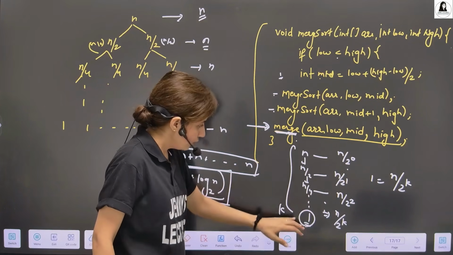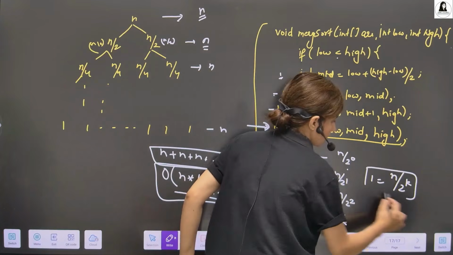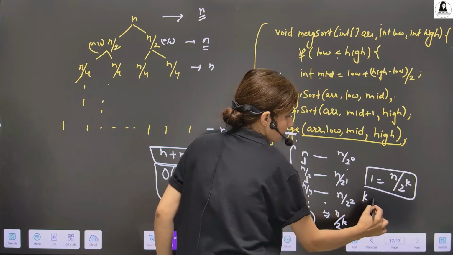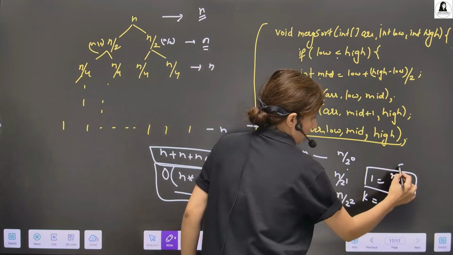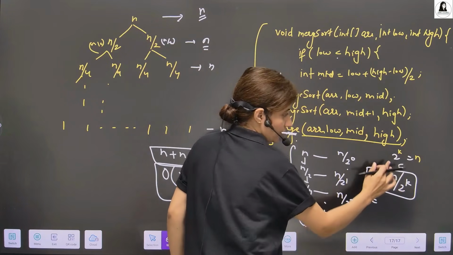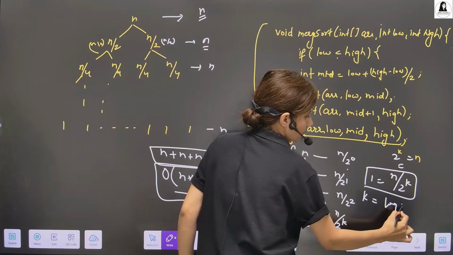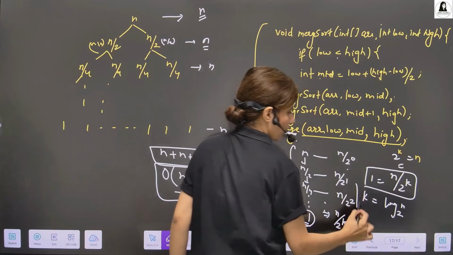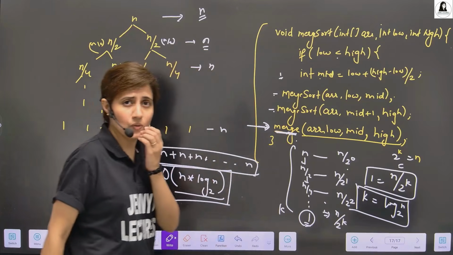So from this equation, can I find out what k is? Yes, because I can write 2 raised to power k is equal to n. Take log on both sides. After taking log on both sides, k is equal to log n. And the base is 2. So the height is log n base 2.